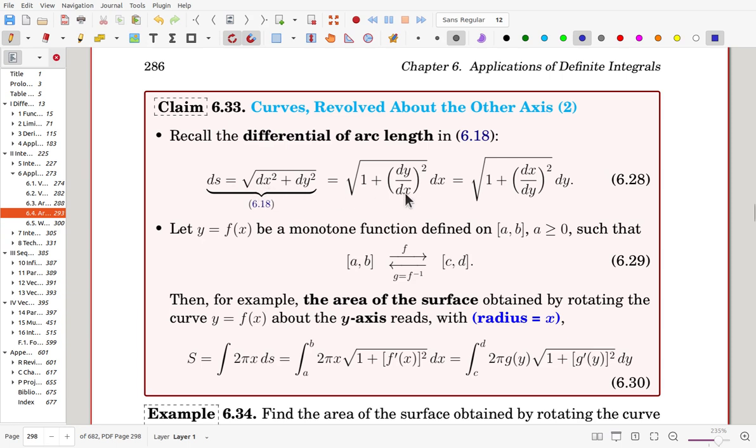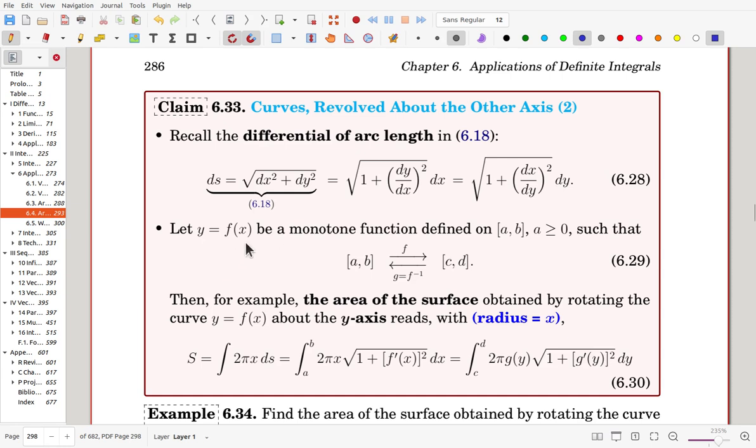We may consider this as a ratio, but originally it's not a ratio. But if we consider differentials, then we can consider it as a ratio. Now, dx can go out, that becomes 1, and this one becomes dy squared over dx squared. Right? Or you can take dy outside, and then we can get that one.